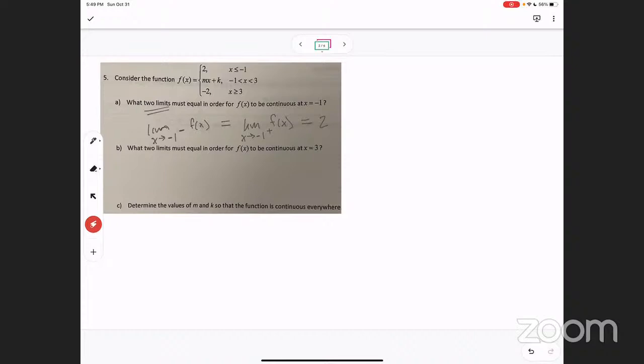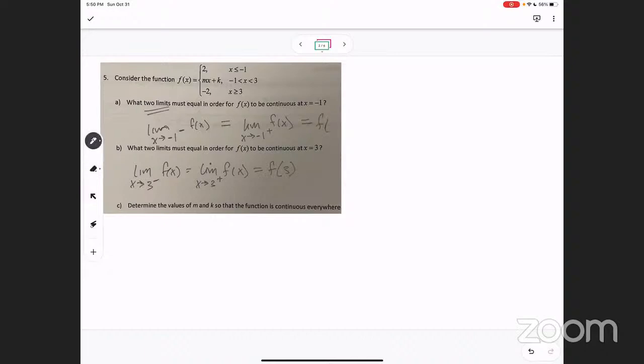Got it? That makes sense? Yep. And then the same thing for letter B: the limit as x goes to 3 from the left of f of x must be equal to the limit as x goes to 3 from the right of f of x. And those specifically have to equal the function value, so I'll just even write f of 3.